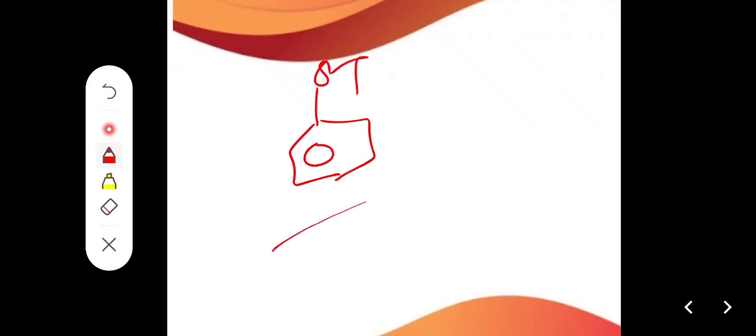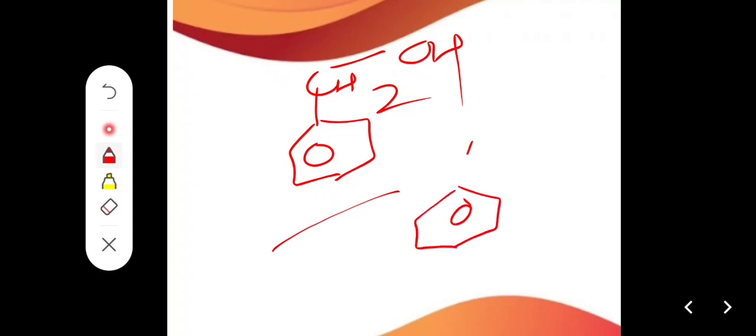And if benzene has an OH, that is termed phenol. If benzene has this CH2 group and then OH, that is called benzyl alcohol. Okay, so this is the terminology. If benzene has this CH2 group and then linkages are there, that is termed the benzyl position.